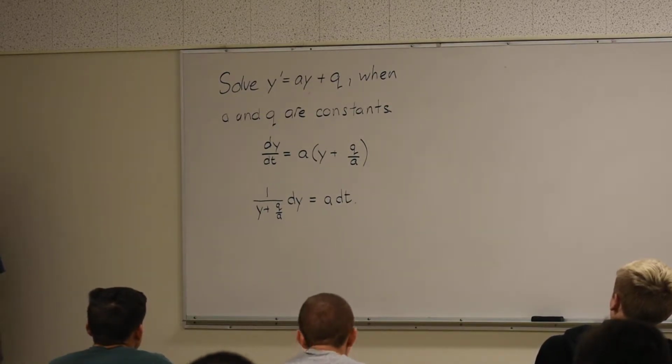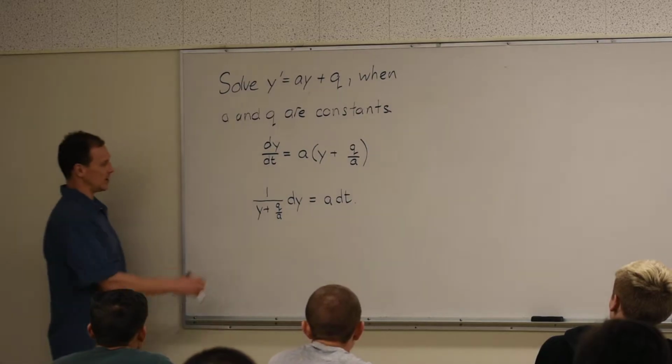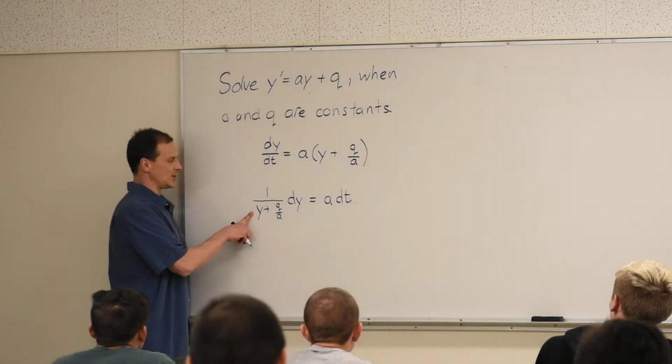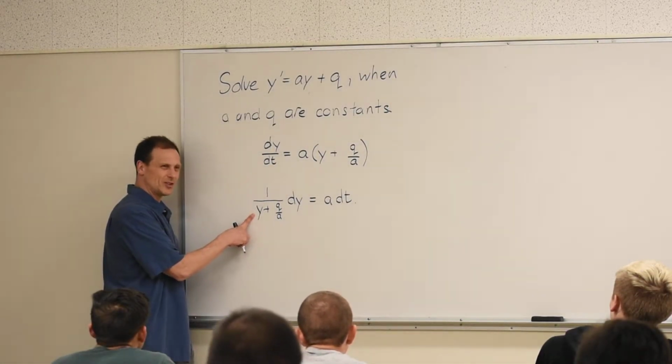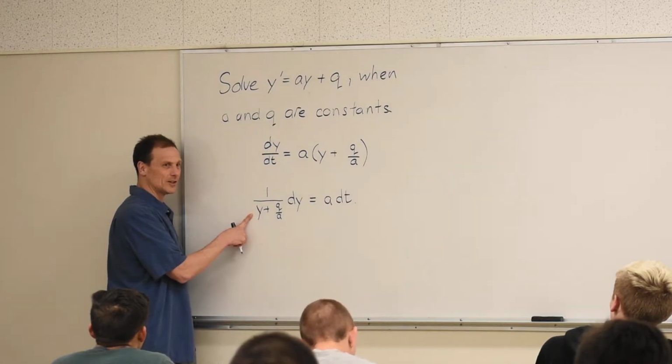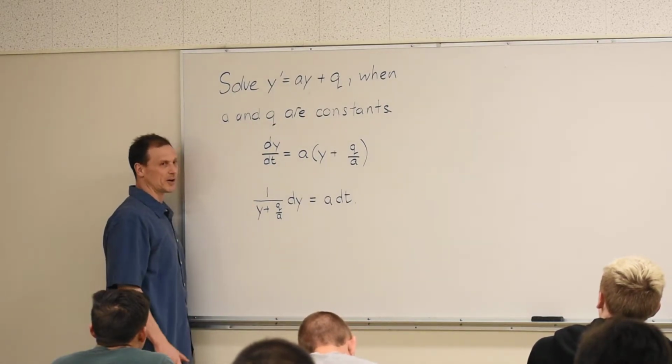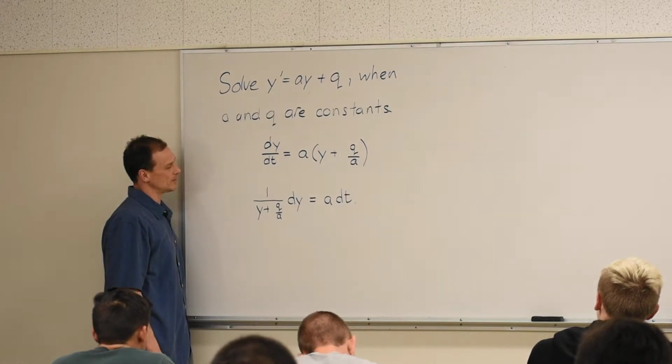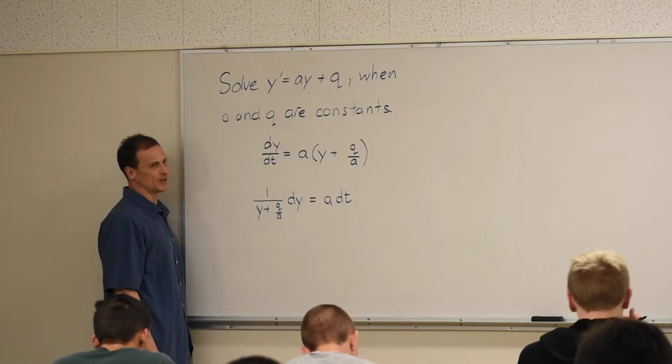You could have put the whole thing over 1 and you could have had y here, but then you're going to want to make some kind of u substitution for the natural log. So that just makes the problem harder. So you could take that route. This just seems a little tricky.